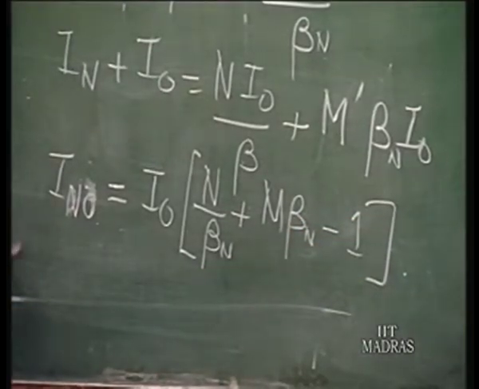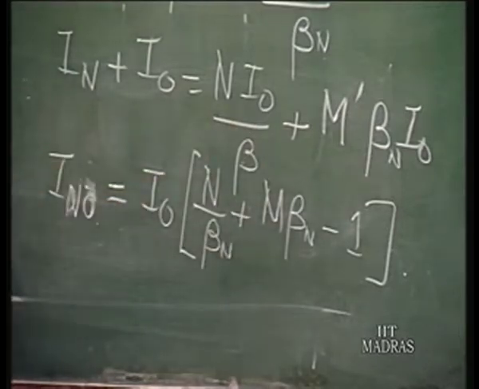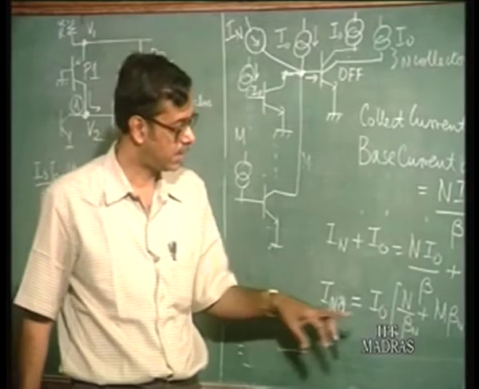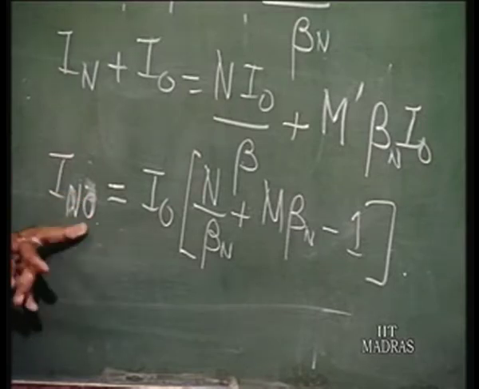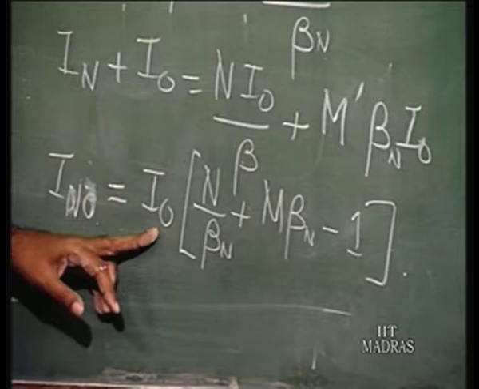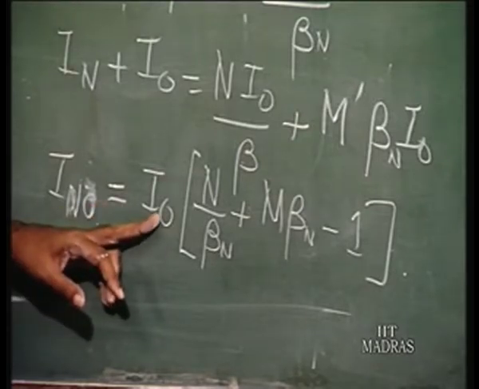The interesting point here is, we have done this analysis with a lot of assumptions involved, and we have taken equal currents, but the important point which comes out from here is that this is proportional to I naught. The noise current is proportional to I naught.